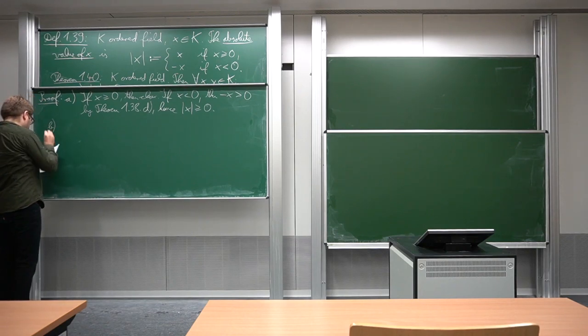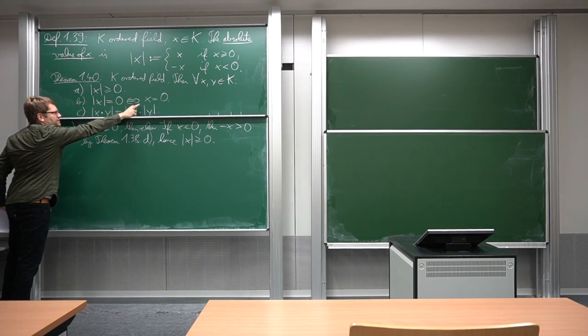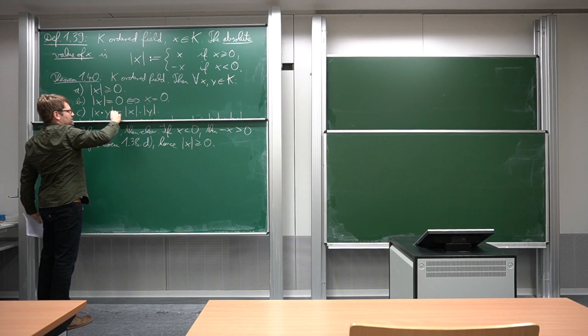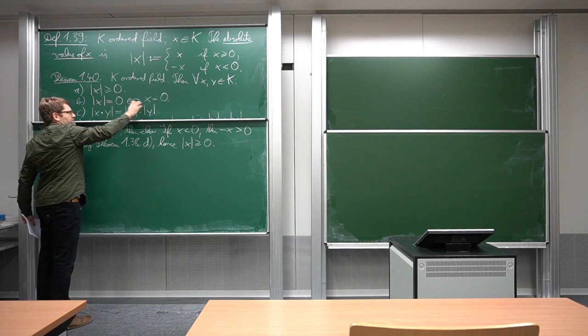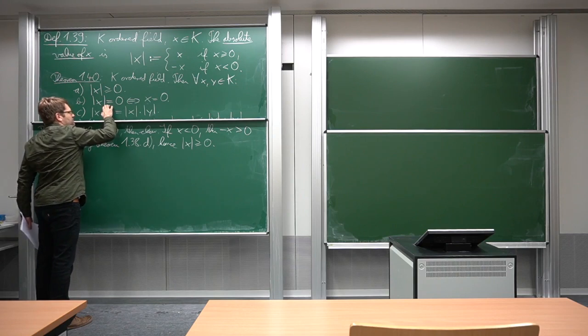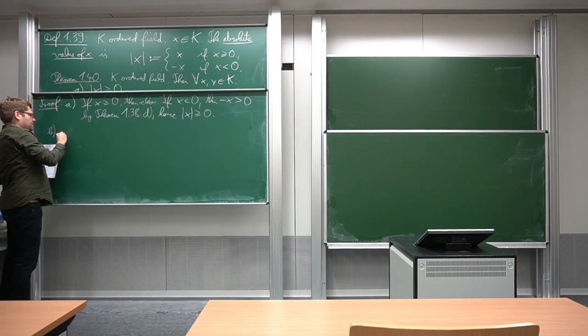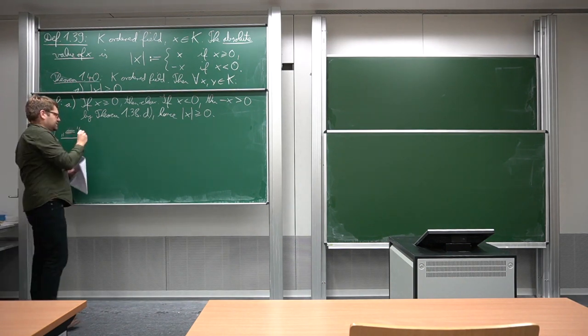B. So we need to show that this holds if and only if the other thing holds. So these two are equivalent, and we want to show both directions separately. So what we first do is we take this and prove that if the number is 0, then the absolute value is 0. And then we do the other way around. This is now looking quite stupid, but you need to check this once.